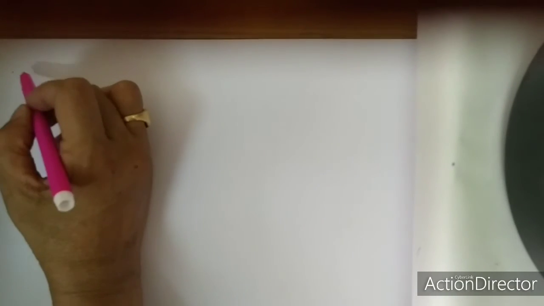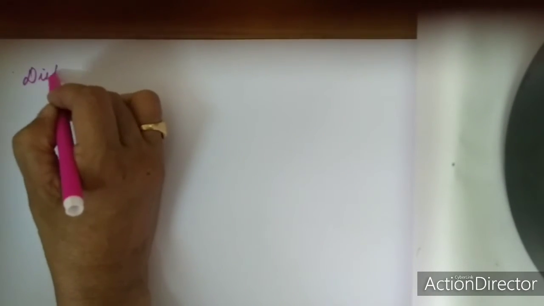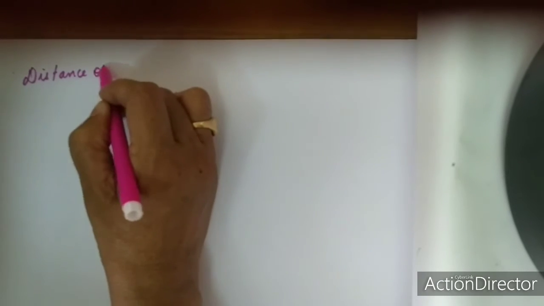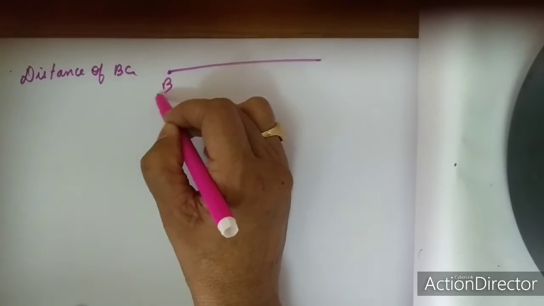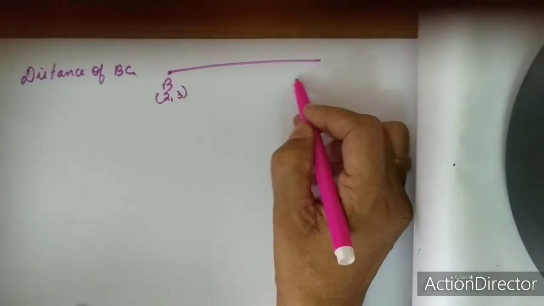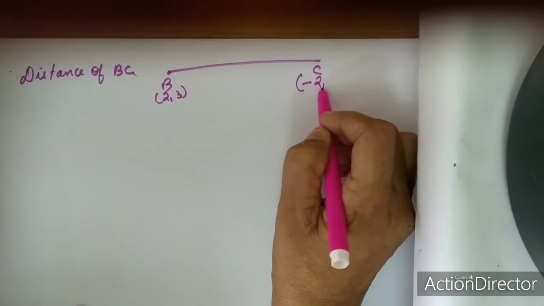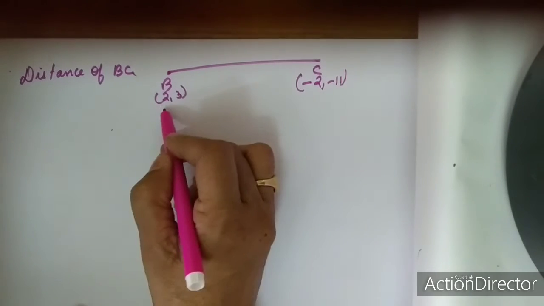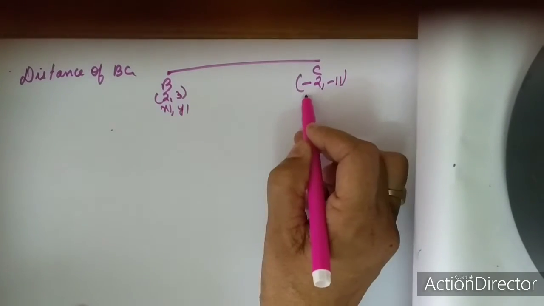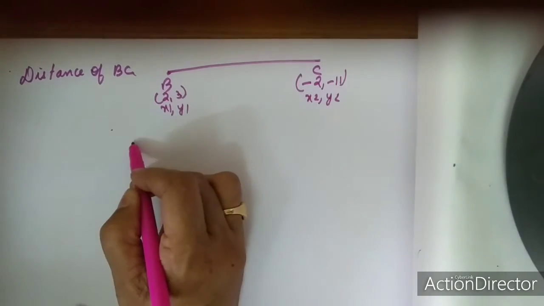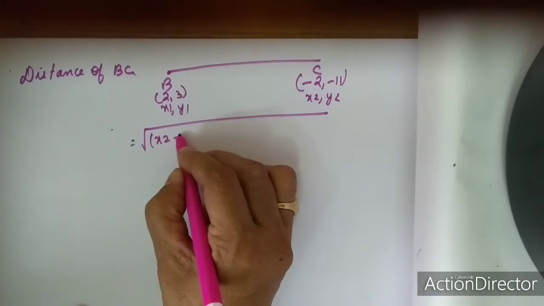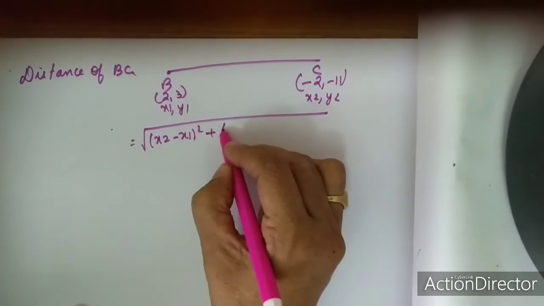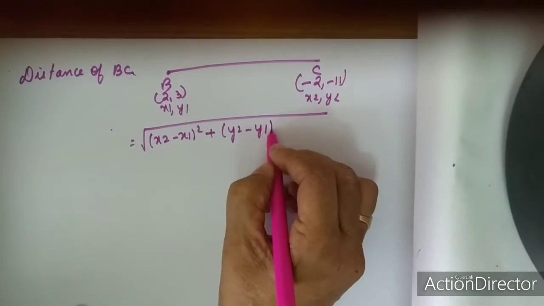Now find the distance of BC. The distance of BC is equal to, so immediately draw the figure. B is 2, 3 and C is minus 2, minus 11. So use the formula. This is x1 y1 and this is x2 y2. So it is equal to under root of, immediately write the formula, x2 minus x1 whole square plus y2 minus y1 whole square.